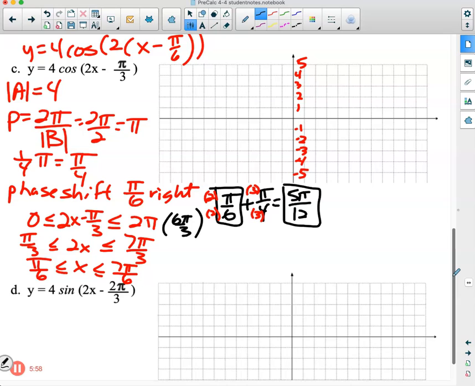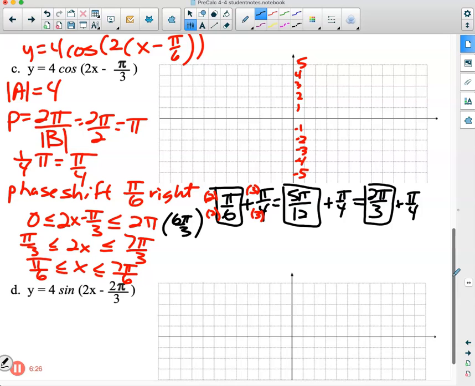Then we have to add another pi over 4. And again, we already wrote it down over here. We know that's going to be 3 pi over 12. So that'll give us 8 pi over 12, which will reduce. You could put a 4 into both of those. So we had 8 pi over 12.